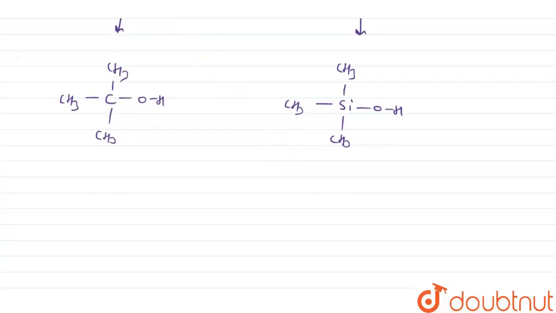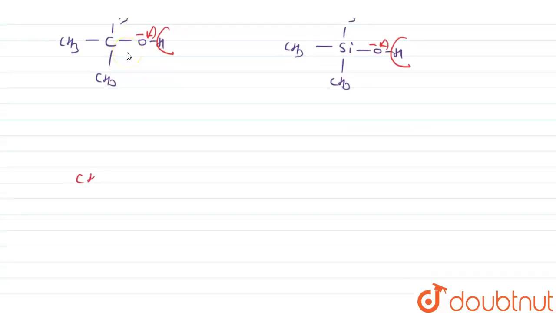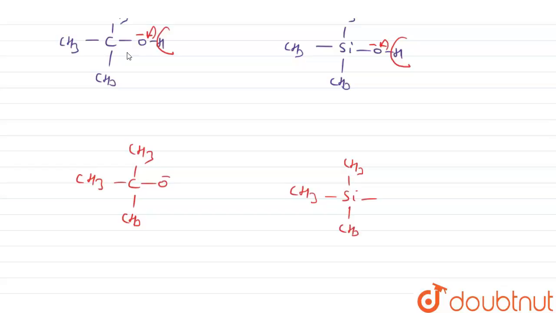So make the conjugate base. How can we make the conjugate base? Remove the proton. The proton is removed, the electrons stay and a negative charge is generated on oxygen. So the conjugate bases are (CH3)3CO minus and (CH3)3SiO minus.